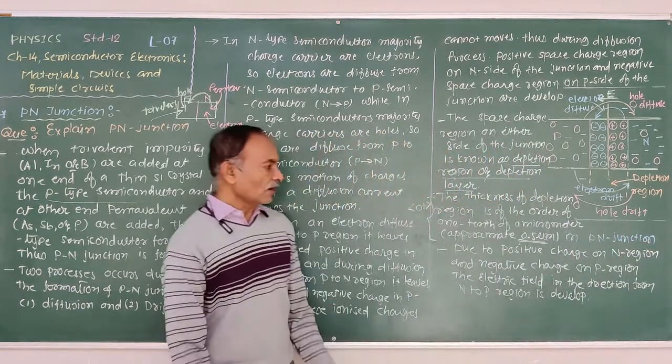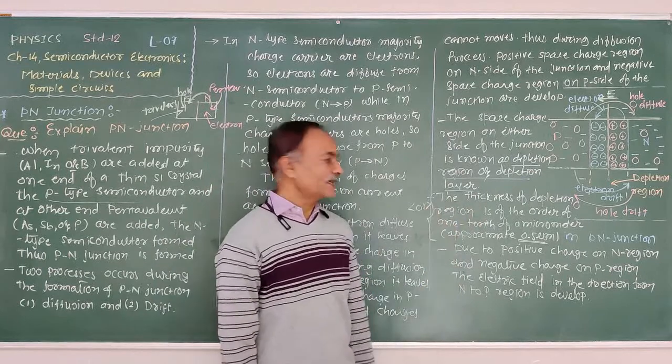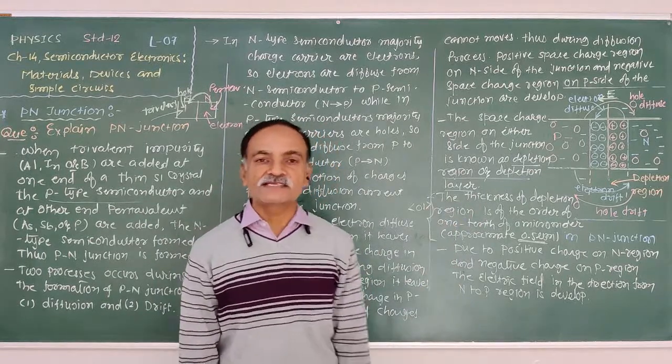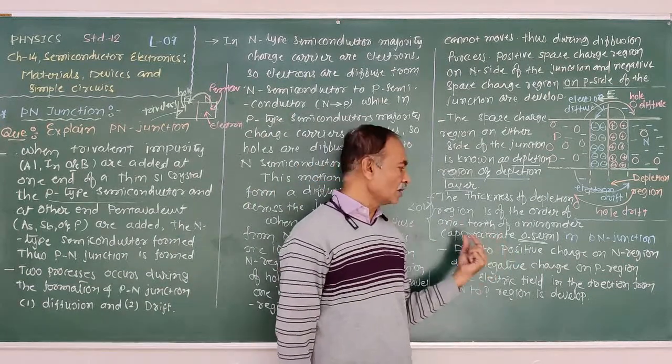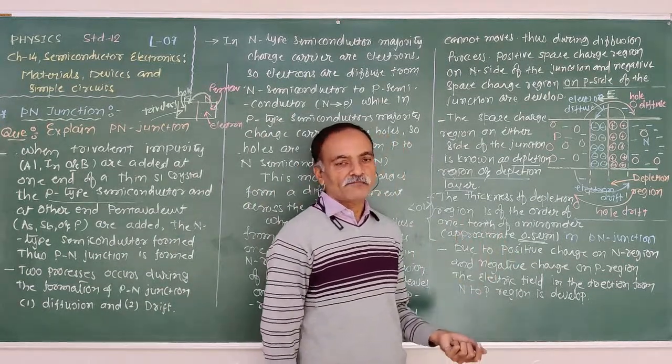What is the width of the depletion layer in a PN junction? That is 1/10 of 1 micrometer or approximately 0.5 micrometer.